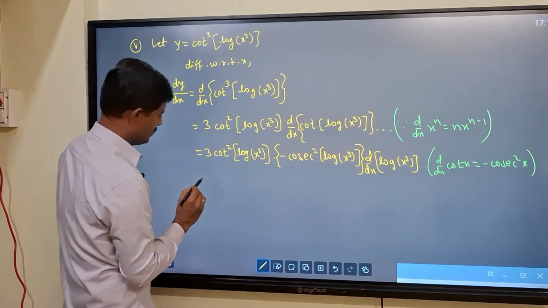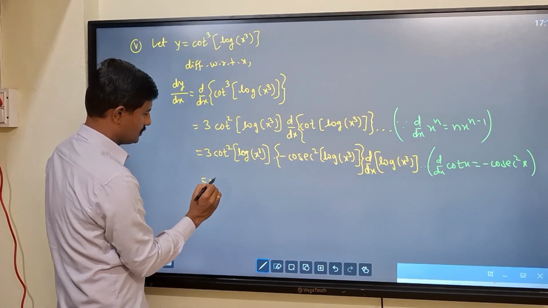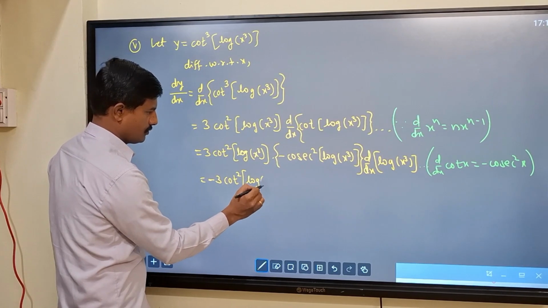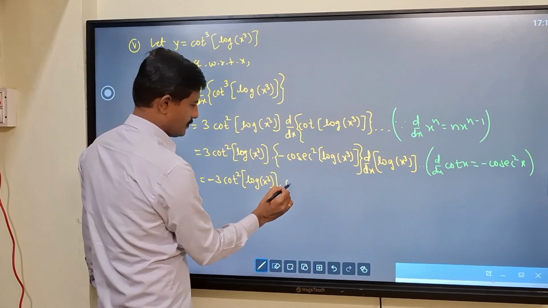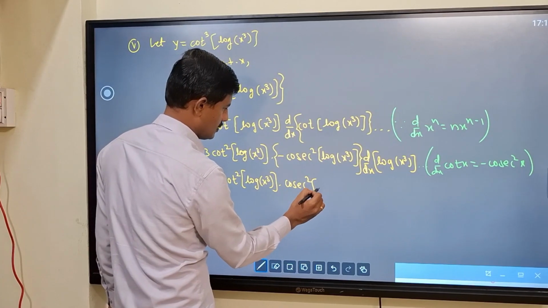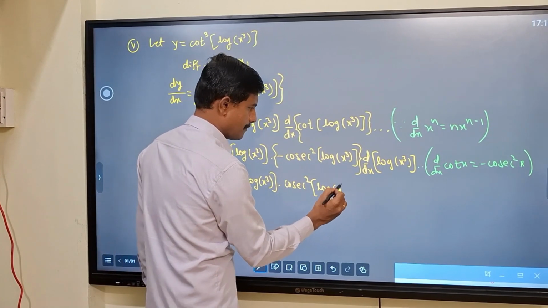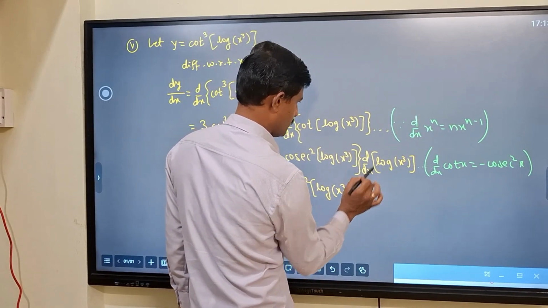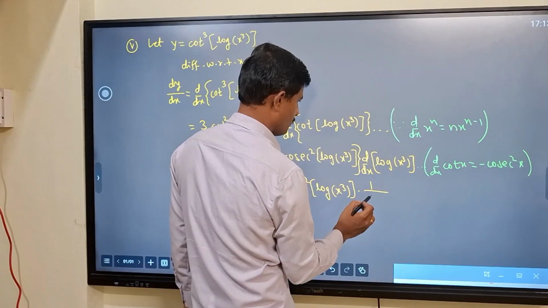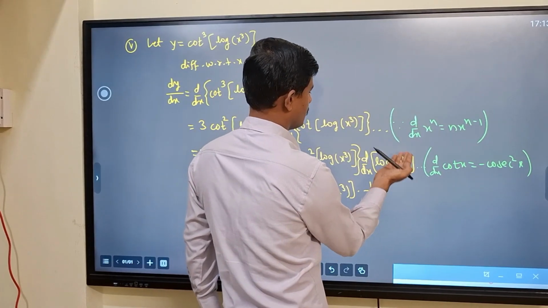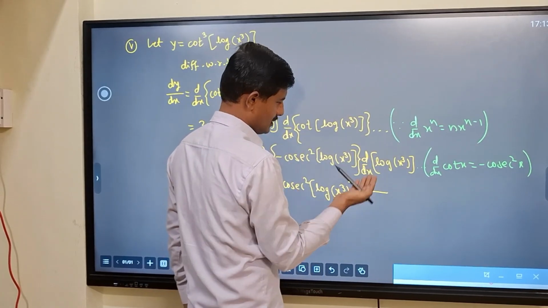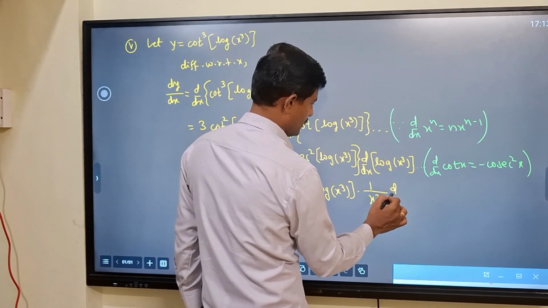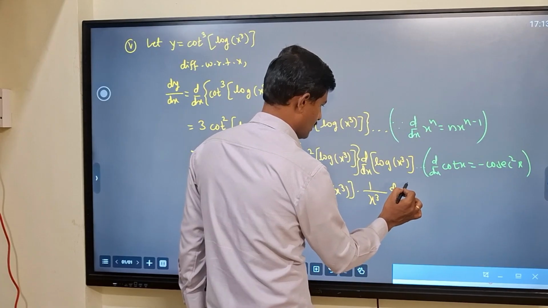Next, this minus will come forward, minus 3 cot square log of x cube cosec square log of x cube into differentiation of log of x cube, which is 1 upon x cube d/dx of x cube.